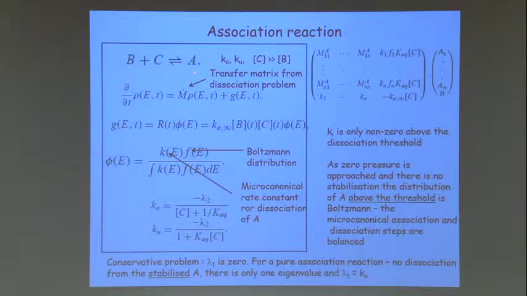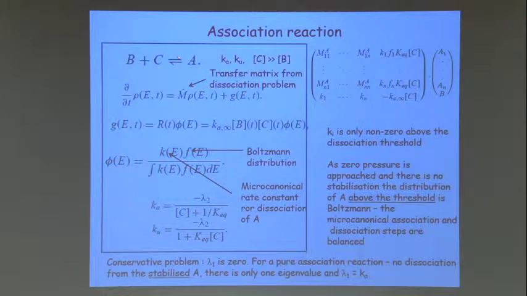We've got B plus C, we've got A, and A is coming back to form B and C. If we treated this system here, the rate constants Ka and Ku are given by these expressions here in terms of lambda 2, the higher of the two eigenvalues. And lambda 1, the smallest eigenvalue, is actually 0, because that corresponds to the establishment of equilibrium.